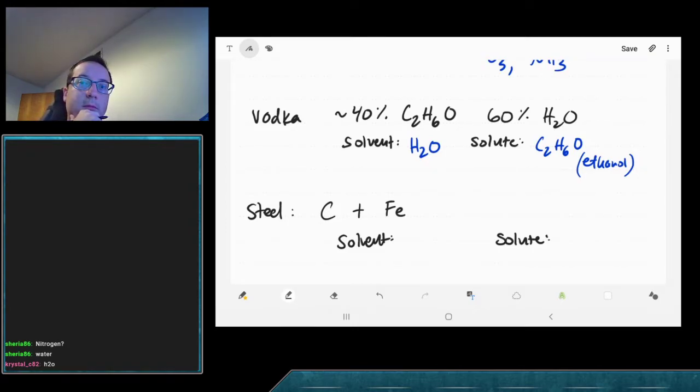So let's think about some physical properties of steel. Is steel metallic, or is it kind of like a brittle solid that we would use to write with, or charcoal? Does steel burn pretty easily? What do we think here?